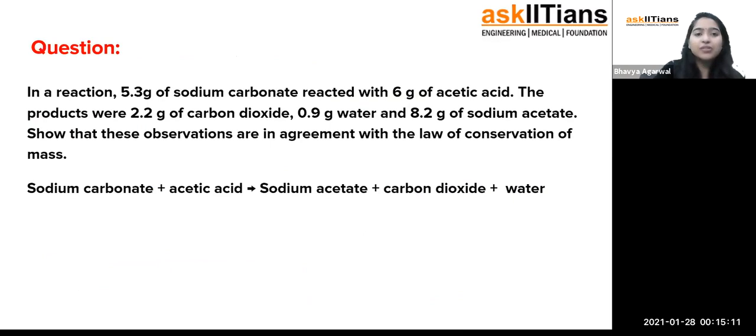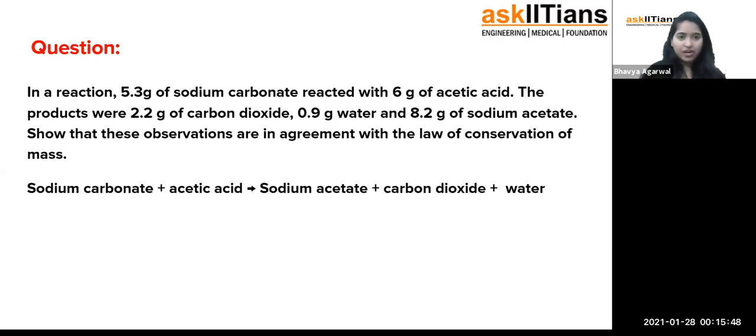And now let's move to some questions. All right, let's see our very first question. If you have understood everything, I'm pretty sure you'll be able to answer. The question says, in a reaction, 5.3 grams of sodium carbonate reacted with 6 grams of acetic acid. The products were 2.2 grams of carbon dioxide, 0.9 grams of water, and 8.2 grams of sodium acetate. Show that these observations are in agreement with the law of conservation of mass.